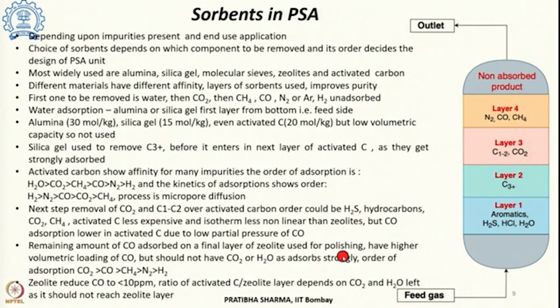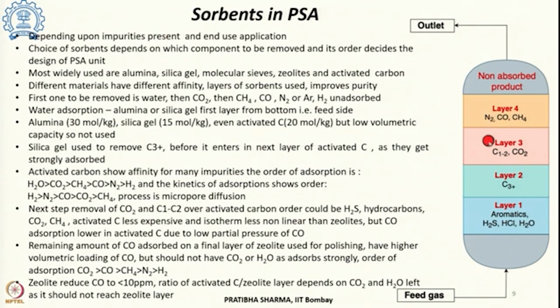This is also known as a polishing layer, which adsorbs the remaining CO present, and it has a higher volumetric loading for carbon monoxide. The important thing here is that this layer is more responsive, and it can adsorb carbon dioxide and moisture very strongly.